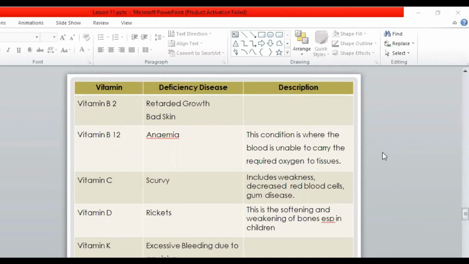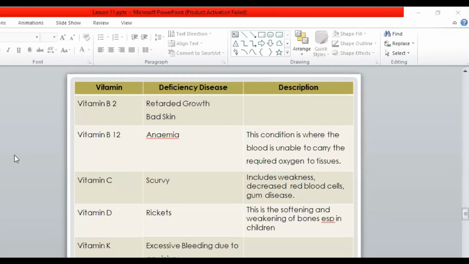Generally, whenever you have a shortage or a lack of vitamin B2 in your body, some of the most common signs or symptoms that you would see is retarded growth, let's say, a person not developing or growing as healthy or as properly as they should.